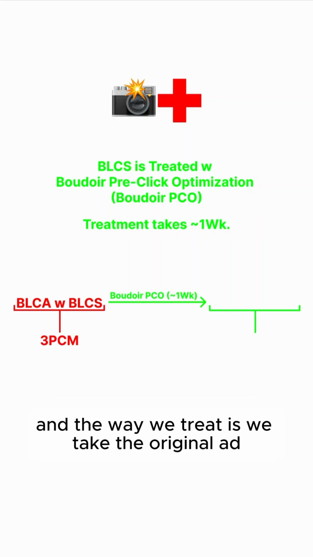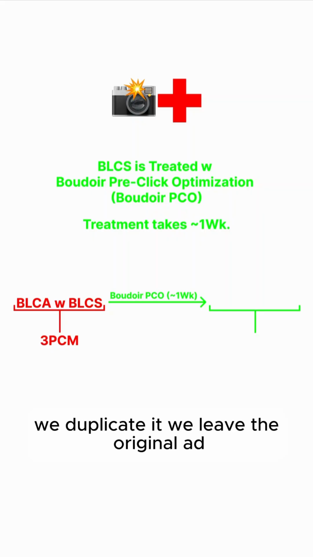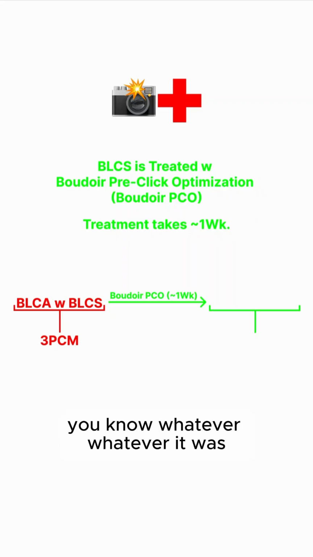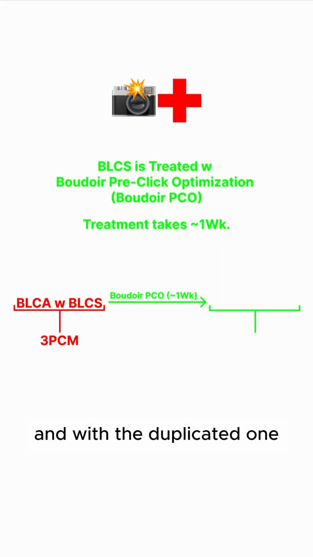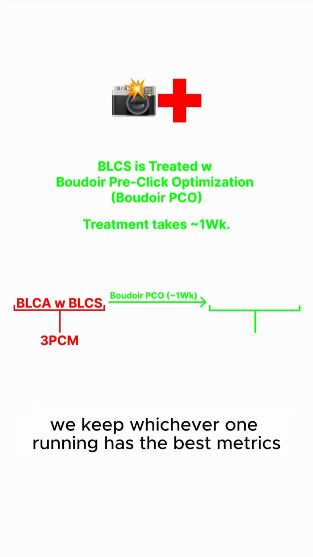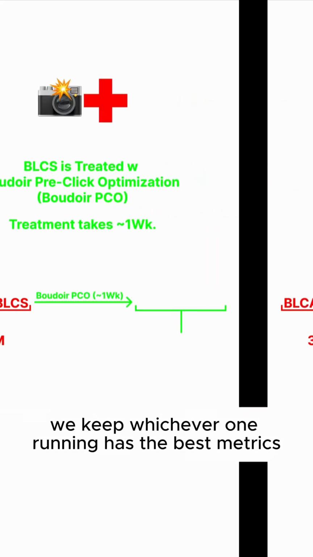The way we treat is we take the original ad and duplicate it. We leave the original ad either on or off, whatever it was. With the duplicated one, we treat that with Boudoir Pico, and it takes about a week. Then at the end, we keep whichever one is running with the best metrics.